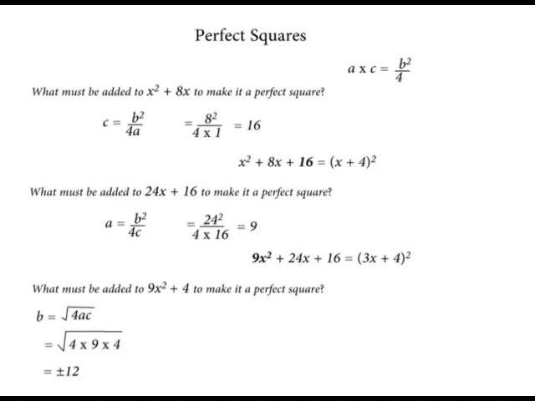We either add minus 12x or 12x. Either way, it will be a perfect square. 9x squared plus 12x plus 4 is equal to 3x plus 2 squared. Also, 9x squared minus 12x plus 4 is equal to 3x minus 2 squared.